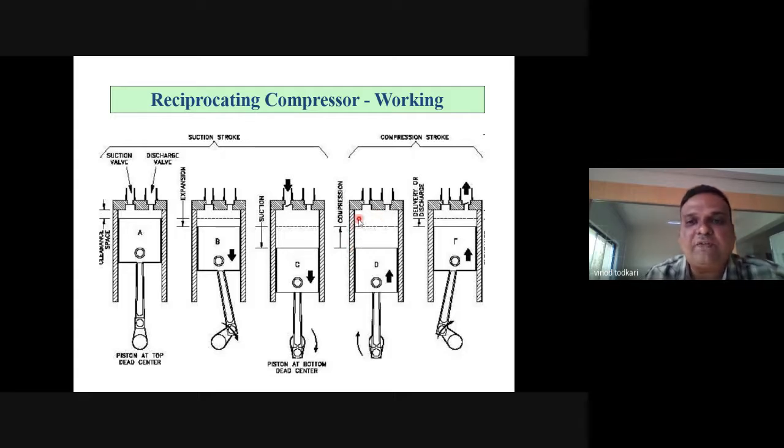So the volume of air decreases, and as the volume decreases, its pressure increases. This is called compression. After the compression stroke, when the piston is at TDC, the discharge valve is opened and this high pressure air is taken out of the cylinder and stored in a reservoir.